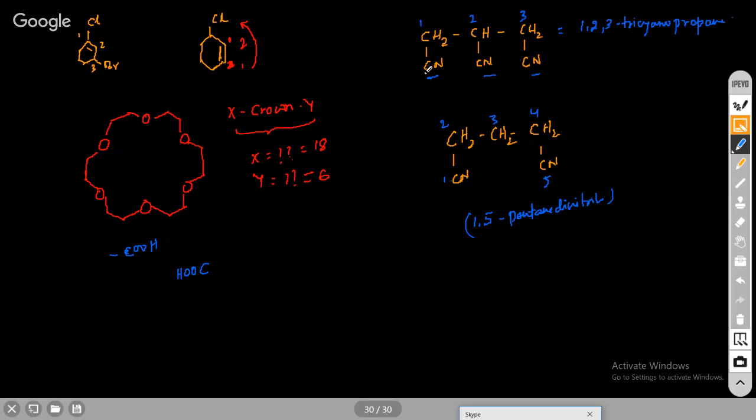This is not a functional group now. We are not considering this as a functional group. So we cannot write nitrile. It is propane simply. And with propane, a few carbon hydrogen atoms are being replaced by the cyano group. But when we have more than two functional groups present, then we don't consider that in the parent chain.